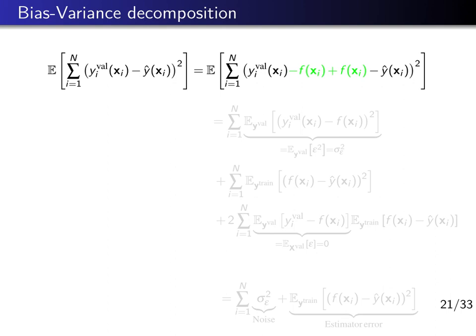So let us analyze the expected validation error. Here we compute the expectation value of the sum over samples of the square difference of the label at the validation data point and the prediction of the model. Now on the right hand side, we just rewrite this sum where we add and subtract the true function f evaluated at x_i to each term.